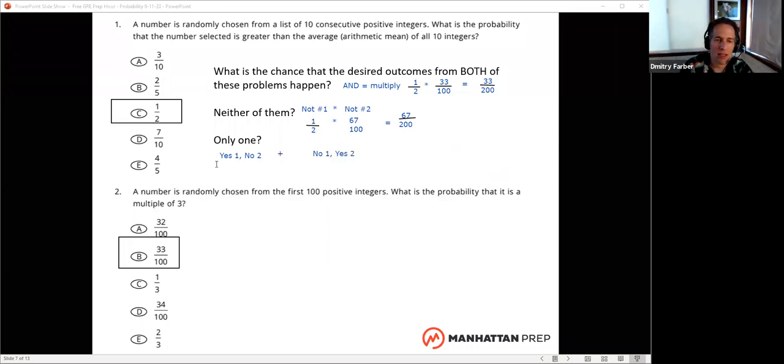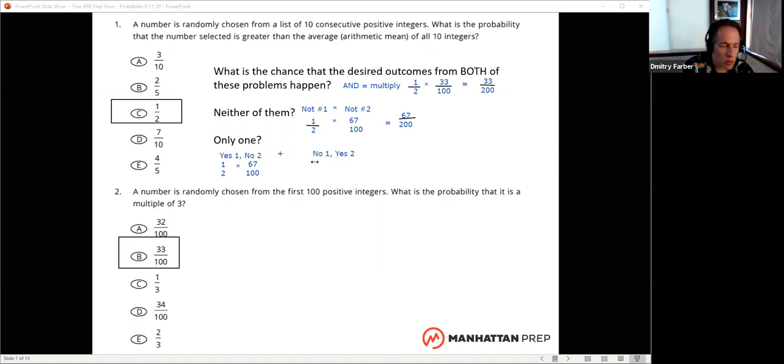So I'd say the chance that we get yes to 1 is 1/2. And the chance that we get no to 2, we've already determined, is 67 over 100. In fact, we just did this exact math already. This is the same probability as neither, because the chance of a yes and the chance of a no are the same for number 1. The chance for no on yes to is different, right?